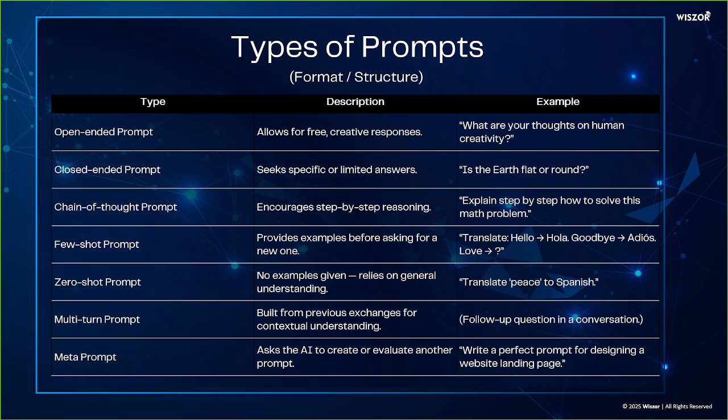Okay, the first one is the open-ended prompt, always for free creative responses. You just let the AI think freely. You can imagine what you want, think what you want, give what you want. For example, I want you to write a report about climate change or anything like that.